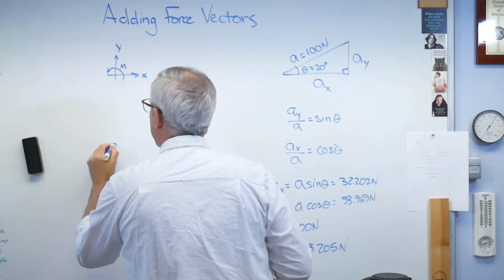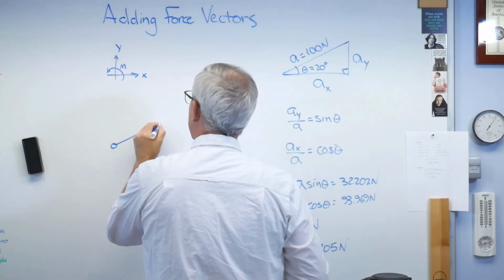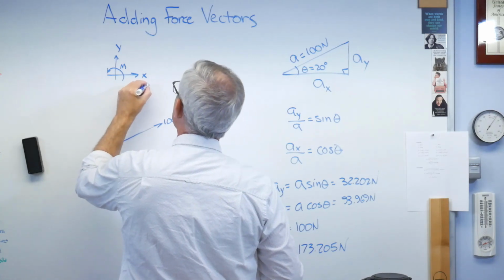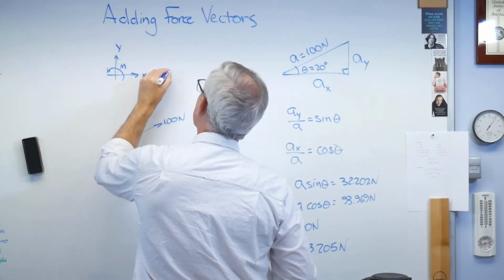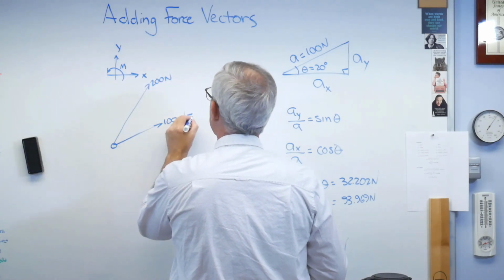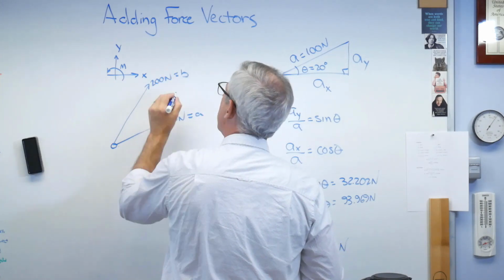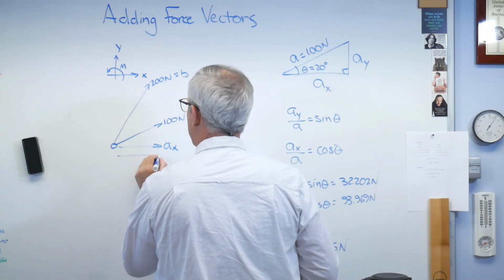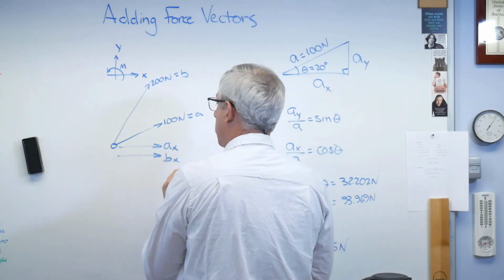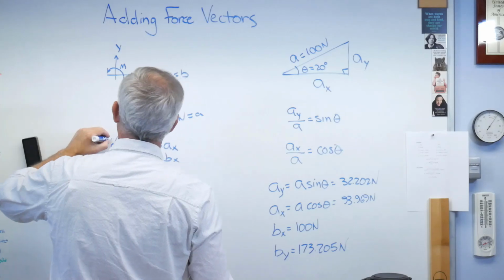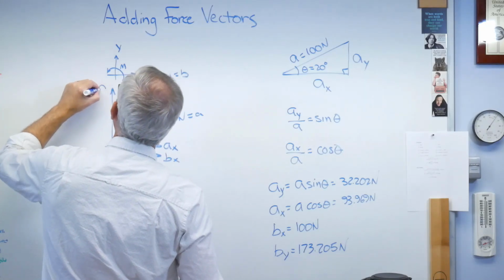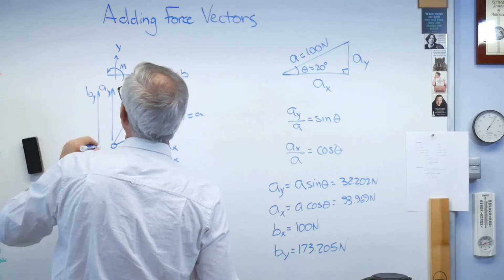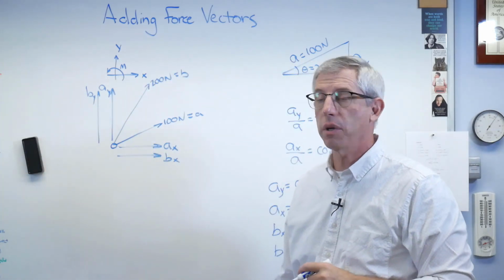If I've got 100 and 200, well, that's A and that's B. AX is going to be there, BX is going to be there, and AY is going to be there, and BY is going to be there. So I've broken it down into its components.